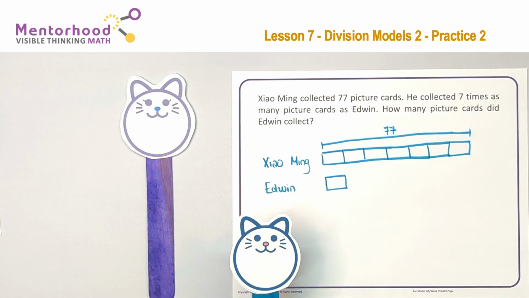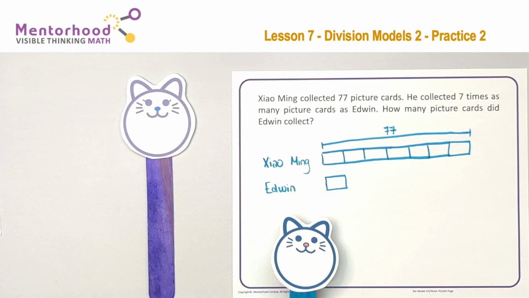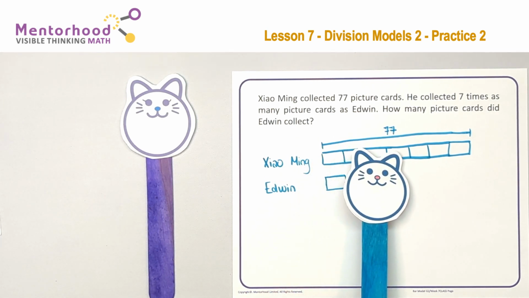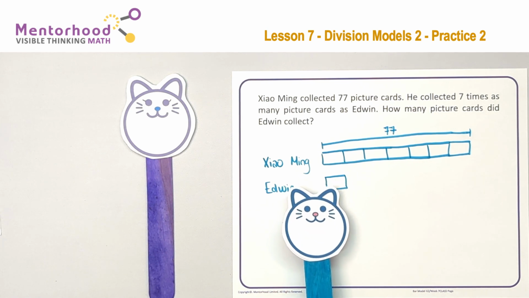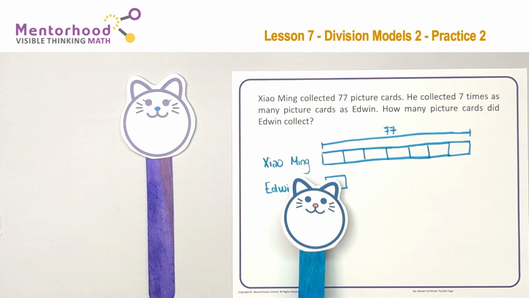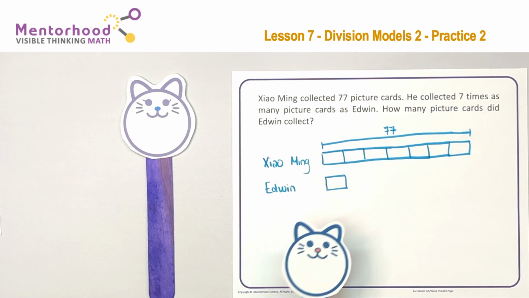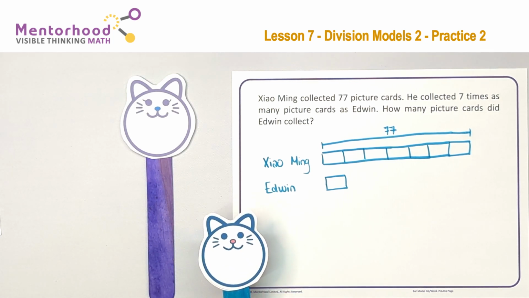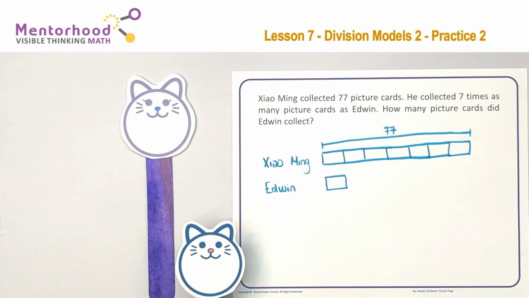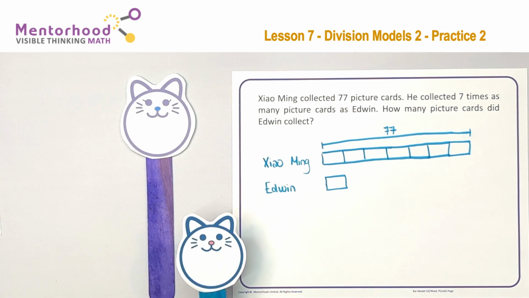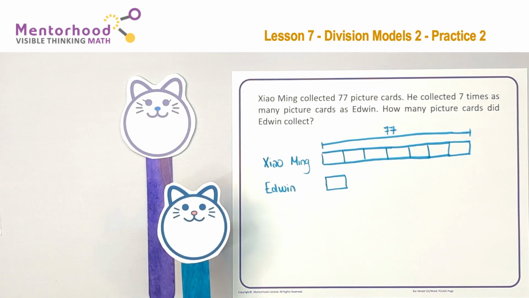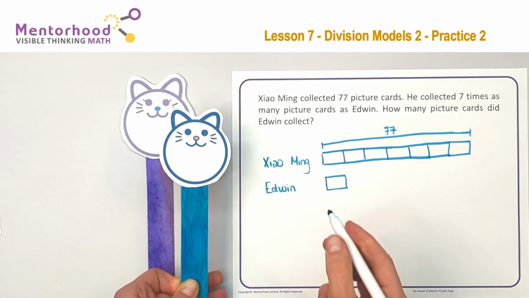Okay, and he collected 7 times as many picture cards as Edwin. So that we've already done. 1, 2, 3, 4, 5, 6, 7. And Edwin is the size of one of those. Now I need to figure out how many picture cards did Edwin collect? Any ideas? I'll give you a hint. We're going to do a division sentence.